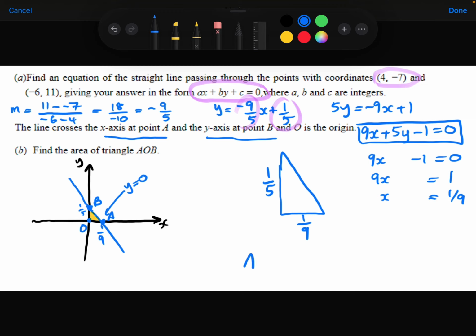And now I can say that the area of this triangle is 1/2 base times height, which is 1 over 90. And that's my answer to part B.